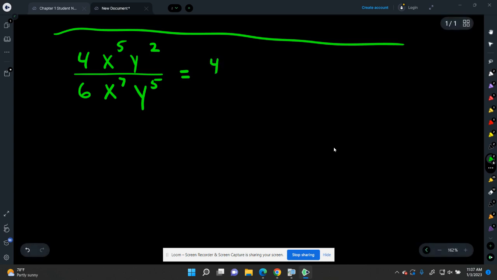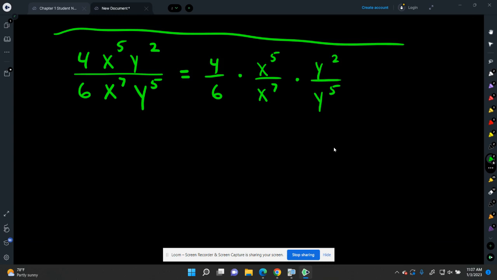So we've got 4 over 6 times x to the 5th over x to the 7th times y squared over y to the 5th. We separate them first, and then we can work with it. Now we don't have to worry about negative exponents if you just pay attention to what's happening.